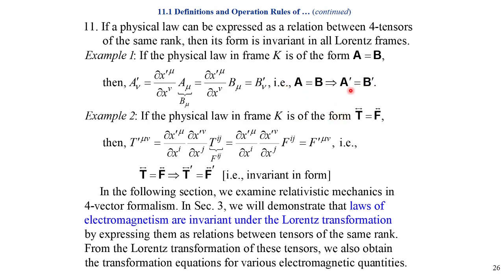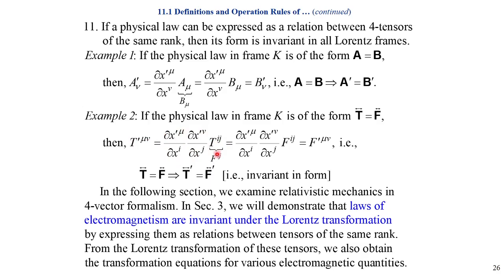A physical law, that's the principle of relativity. If the physical law in frame K is a four tensor of the second rank, we just use the notation here. So T, that's unprimed. How about the prime system? In the prime system, we need two Lorentz transformations.